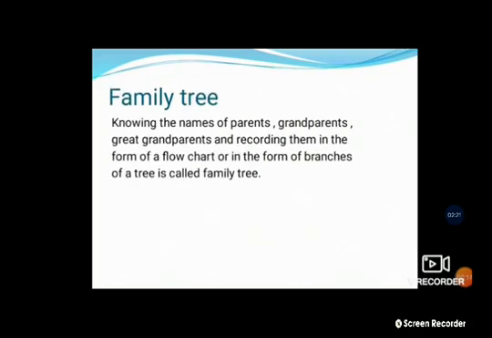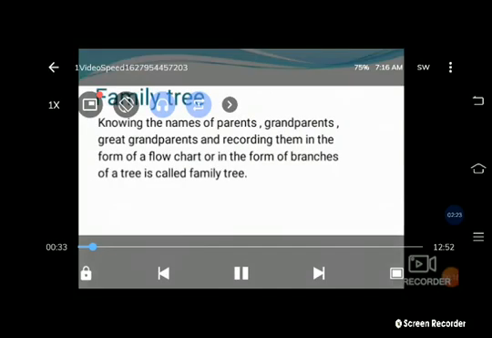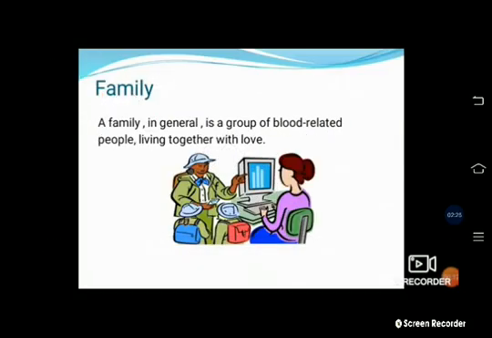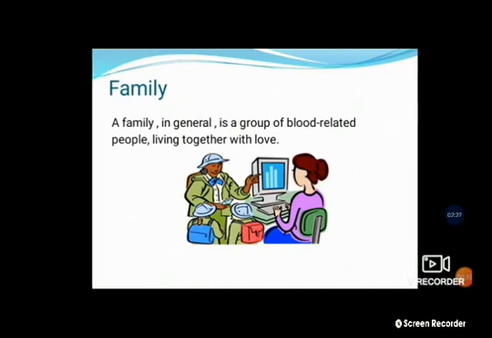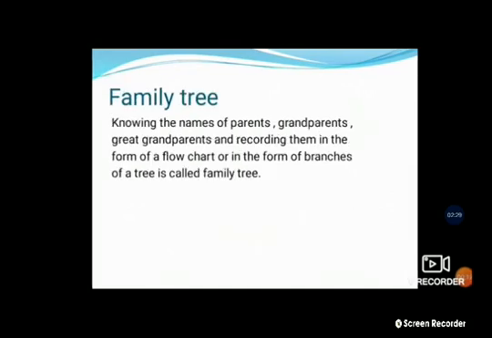In general, a group of blood-related people living together is called a family. Then a family tree: knowing the names of parents, grandparents and great grandparents and recording them in the form of a flow chart or in the form of branches of a tree is called a family tree.